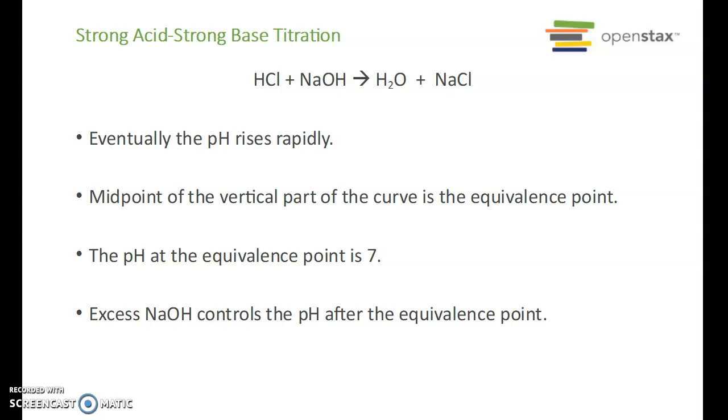So eventually, as you go through that, you are going to get to a pH until it swamps out, and then eventually you'll just be adding material where the base cannot be neutralized to form the salt. The midpoint of the vertical part of the curve is the equivalence point. The pH at the equivalence point is 7. Excess sodium hydroxide controls the pH after that equivalence.